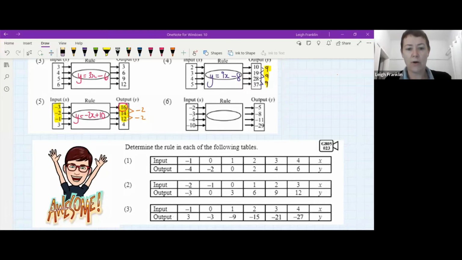Okay, so I'm going to show you what I think I got. Yes, ma'am. All right, so this is what I did here. Again, we're looking for inputs that are consecutive, ones that follow one another so that we can see what our constant difference is, right? So they've changed things around here because now we've got -2 and then it becomes smaller and it becomes -3 and then it becomes -4.